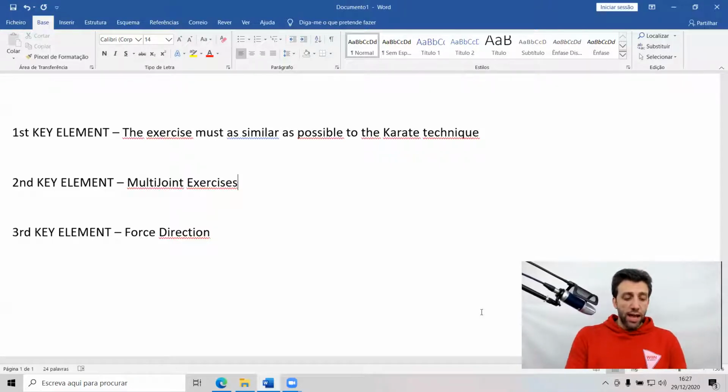In other words, our muscles must learn how to work together in a given movement, in a given karate technique. So they need to learn how to transfer their own forces to the next part of the movement.